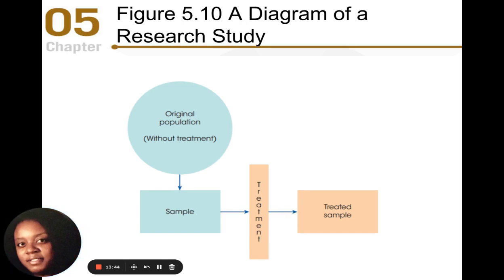The goal of the study is to evaluate the effect of a treatment. A sample is selected from the population, and the treatment is administered to the sample. If after treatment the individuals in the sample are noticeably different from individuals in the original population, then we have evidence that our treatment has had an effect.